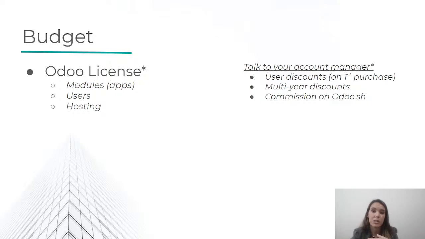Same thing with the multi-year discounts. Always, if you think that it's going to be a lot of customizations, if you know they're going to have a lot of users, and an ERP system is like a marriage, is what we always say. So it's a lot of time and money to get divorced after a single year. So a lot of them are going to be ending up with Odoo in a multi-year subscription anyways.